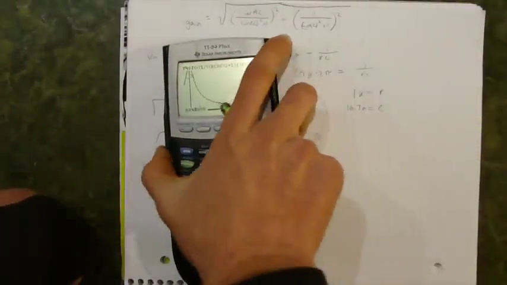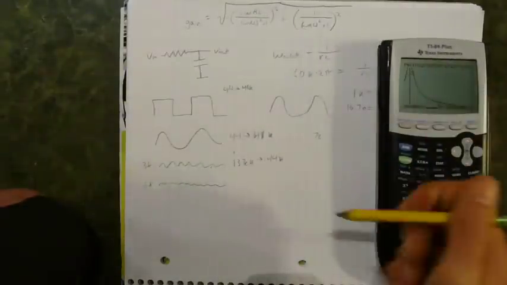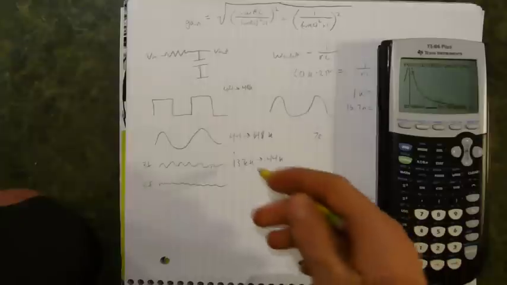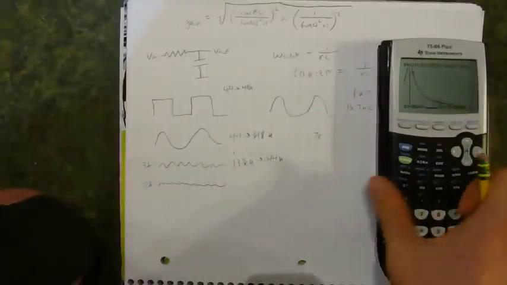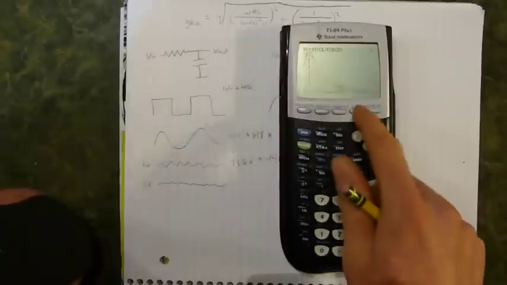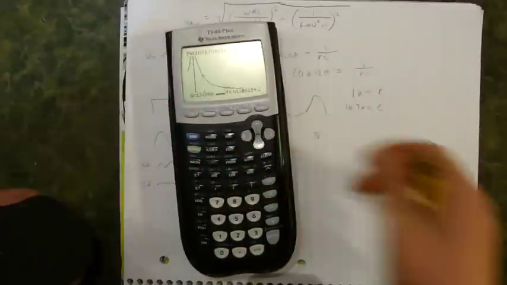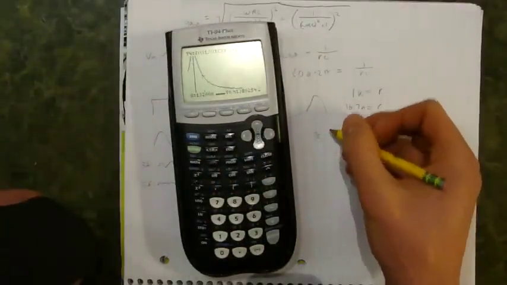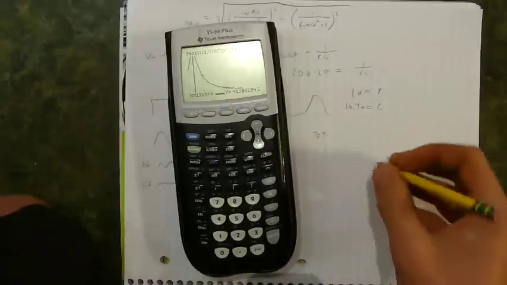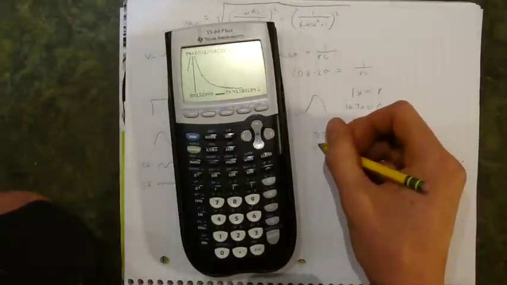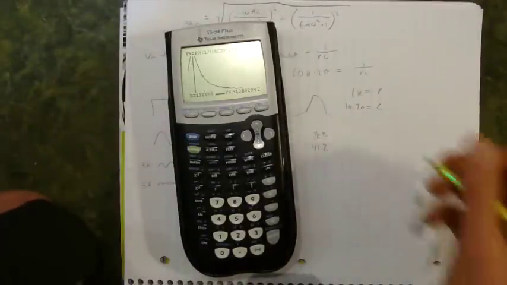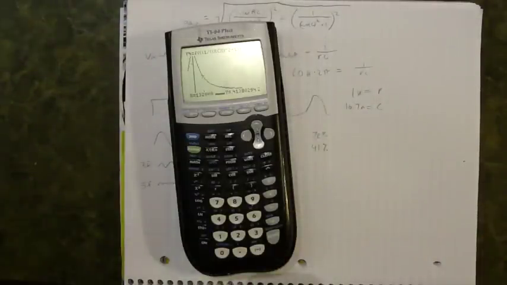At the third, 3 times the fundamental frequency, 132 kilohertz, let's calculate. Okay. The gain will be 41%. So it'll attenuate 60% of the signal.